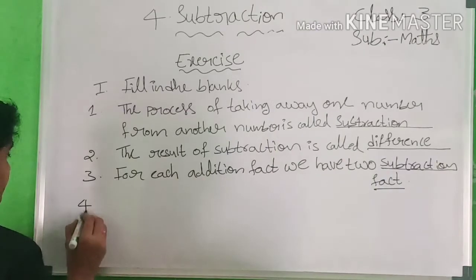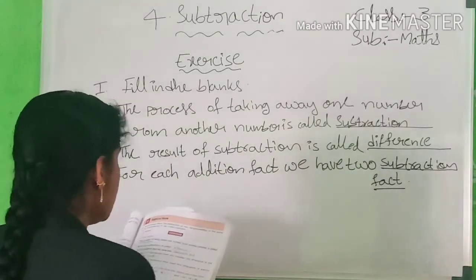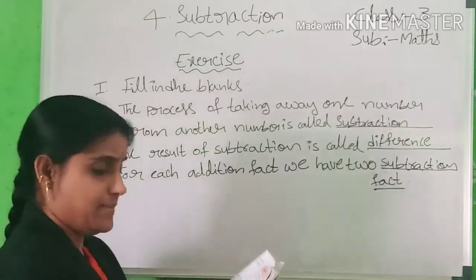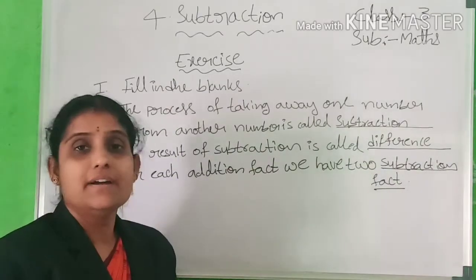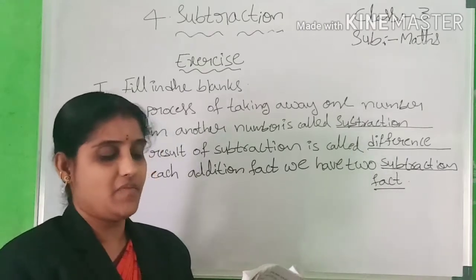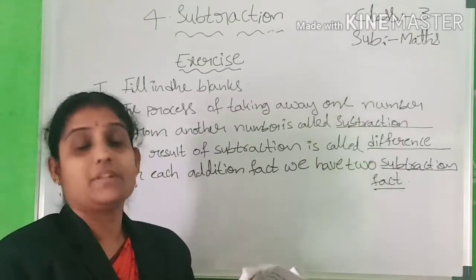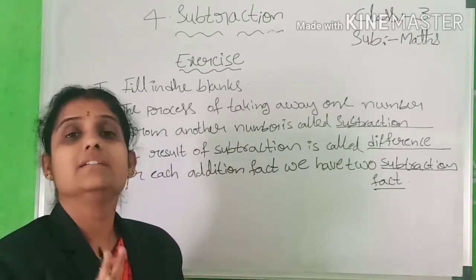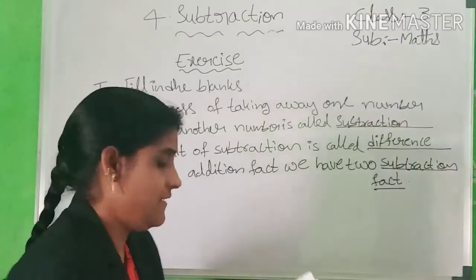Next, fourth one. When 0 is subtracted from any number, the difference is the number itself. Okay, children.